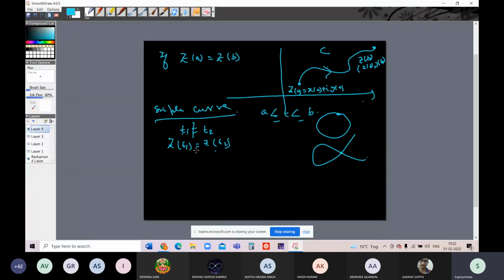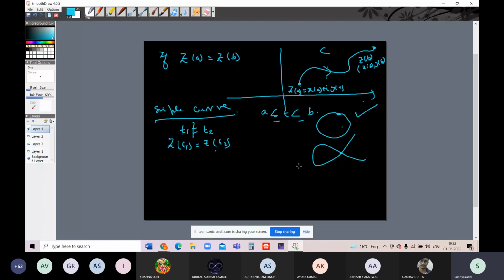So what should happen for a curve to be simple? Except at the end point, the curve does not intersect itself. If this curve is not intersecting itself, then it is called a simple curve. For example, here we have taken this circle, it is a simple curve.